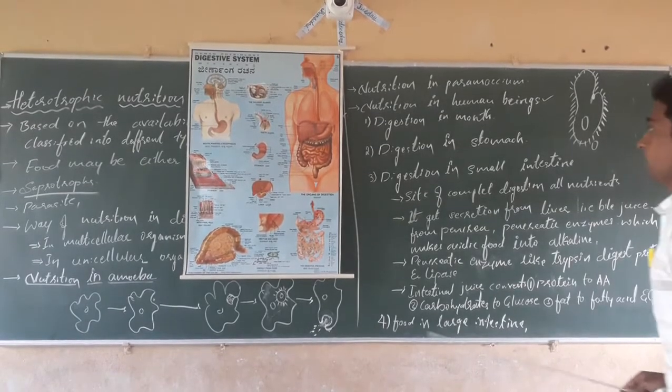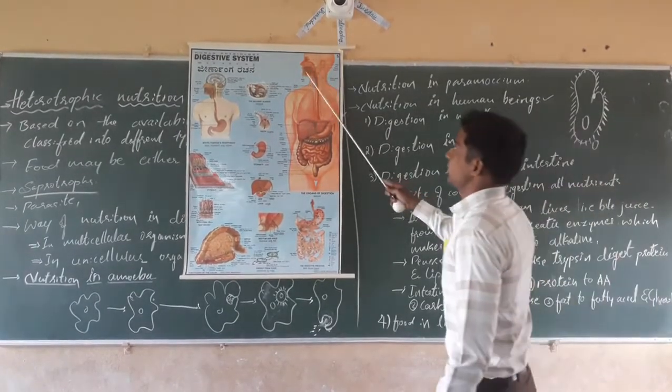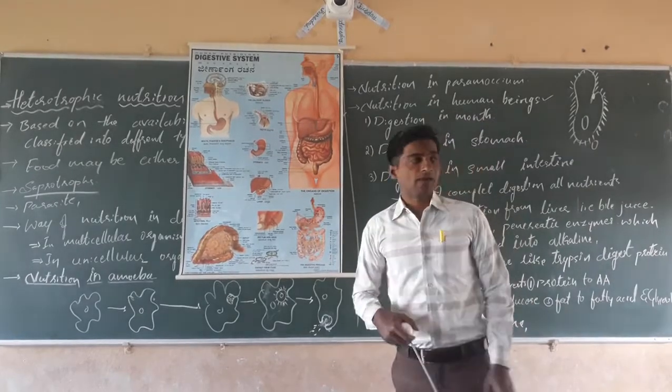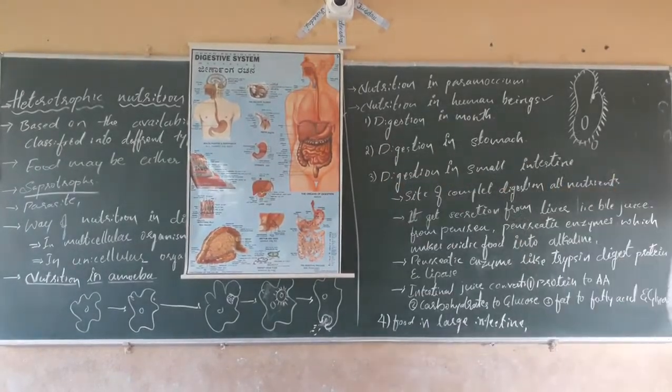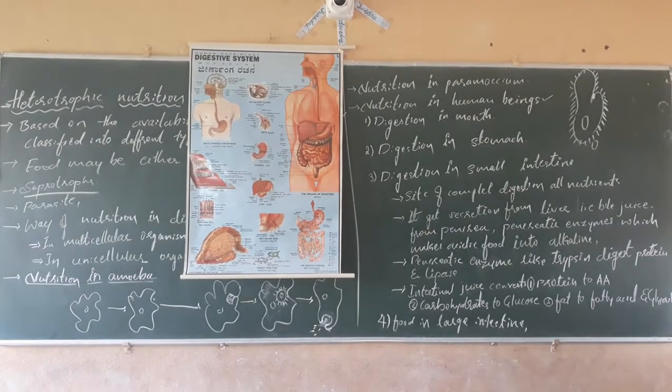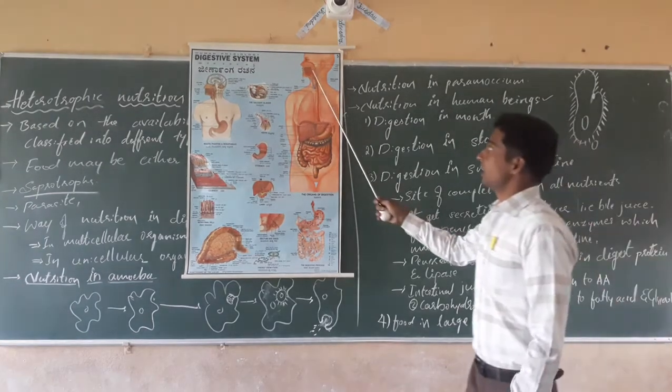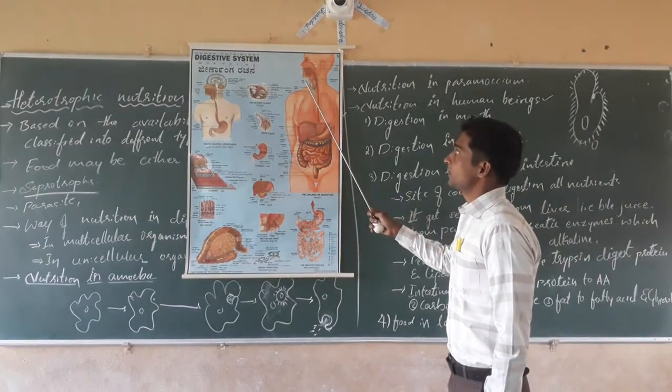In the human digestive system, the first step is the oral cavity or buccal cavity, which is guarded by a pair of lips, 16 pairs of teeth, a muscular tongue, and three pairs of salivary glands.